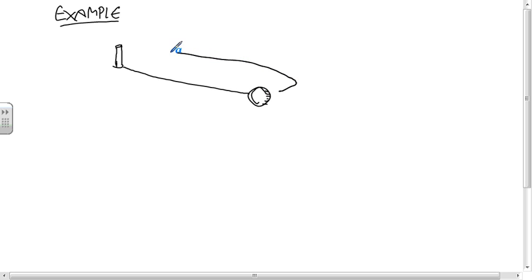So here's the first example. Let's say this is a post, and attached to this post is a string, and there's a ball on the end of the string, and the ball's moving in a circular path around the post.